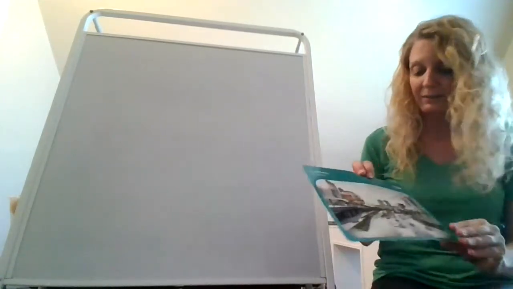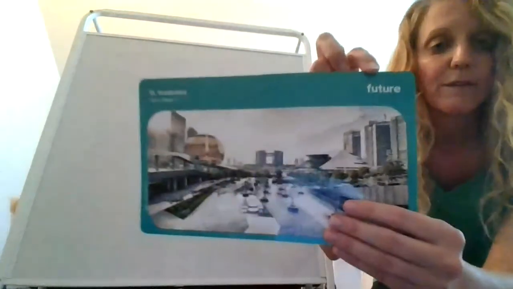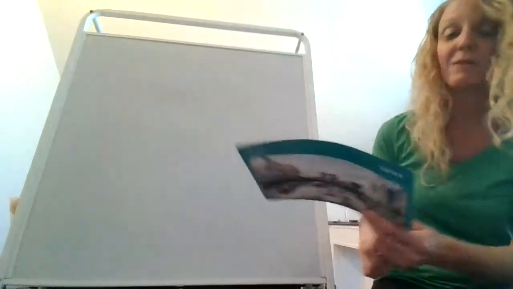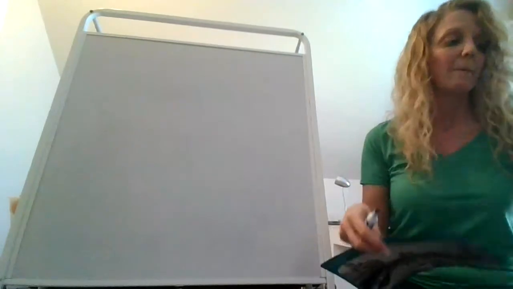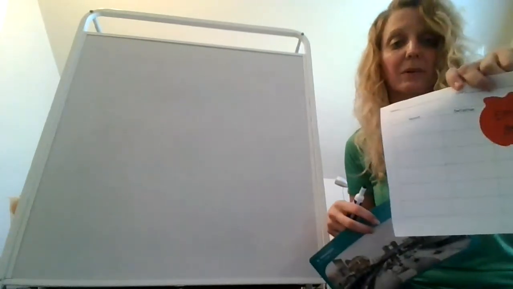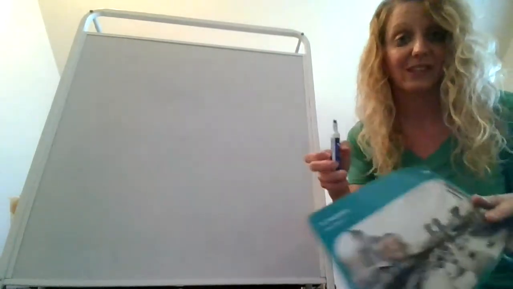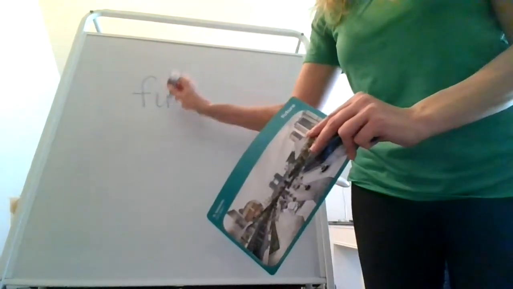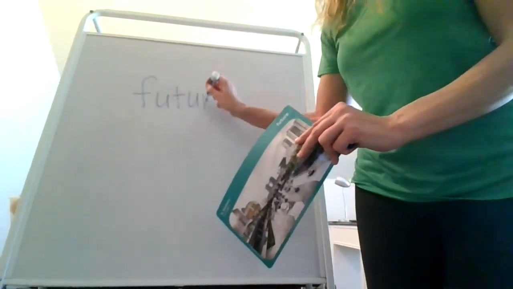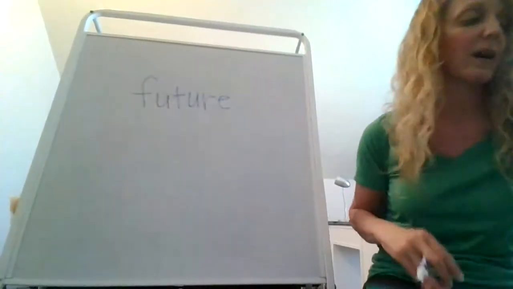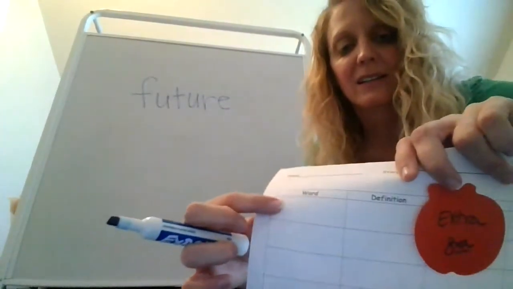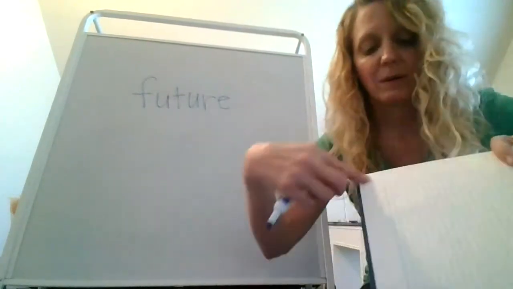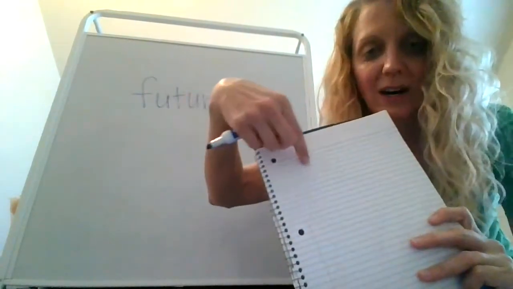The first word is future. All right, let me write it big up here on the board because it will not be on your paper. So you have to write the word in yourself this time. So write future. You can either write it in the first box if you do have the chart, or you can make your own box, or you can just write it here.